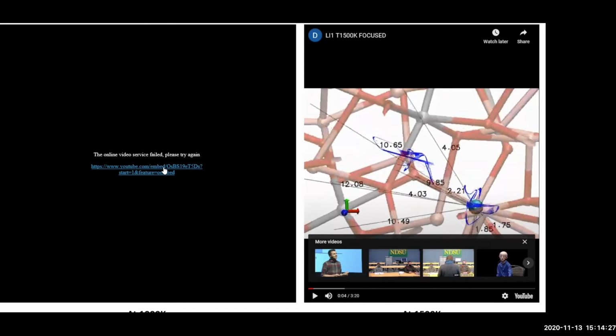So you see, this is the lithium ion. We are tracking the movement of this lithium ion. This will move from this side to this side. And this movie was made for 15 femtoseconds.